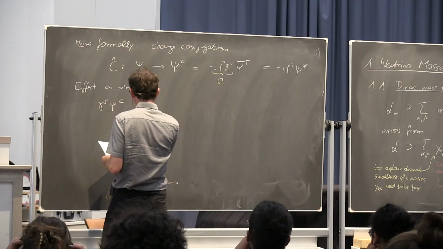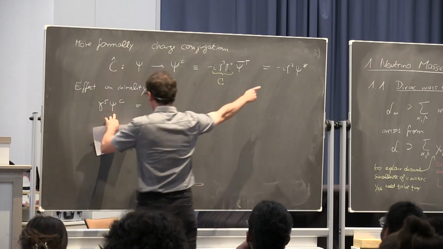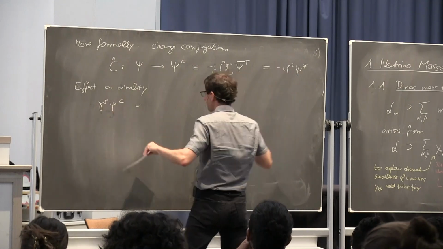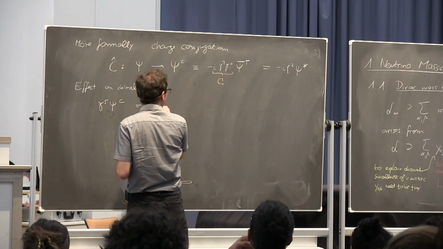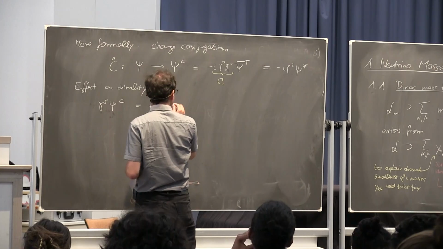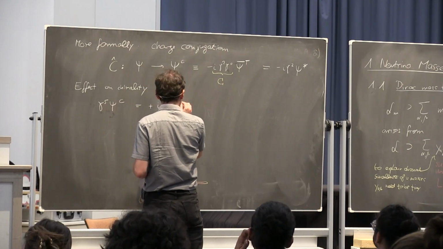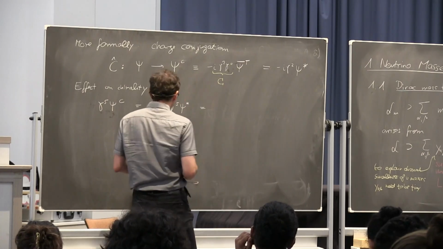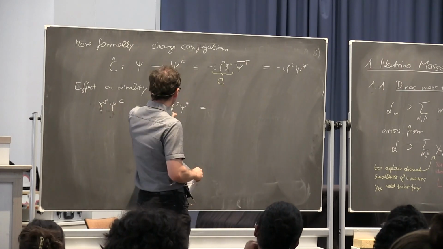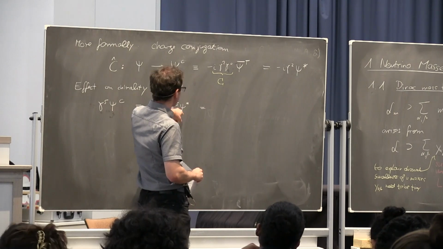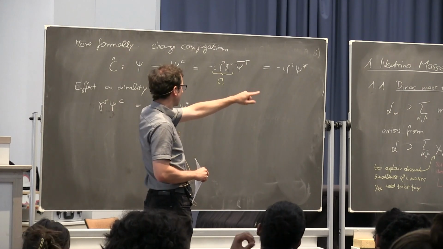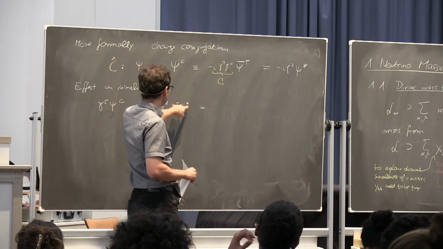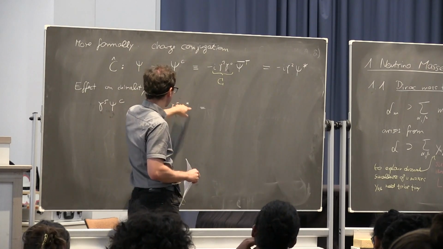So we plug in the expression from up here, and we use the fact that gamma 5 anti-commutes with the gamma 2. So this is plus i gamma 2 gamma 5 psi star. Gamma 5 in the chiral basis does not contain any complex numbers, so I can immediately pull it into the charge conjugate.